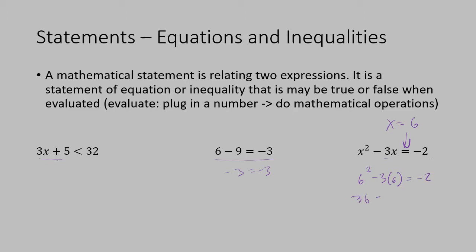So 36 minus 18 equals negative 2. No, it doesn't, right? So it's false in this situation. But before we were evaluating anything, we are saying that these two expressions, x squared minus 3x and negative 2, are equal to each other.